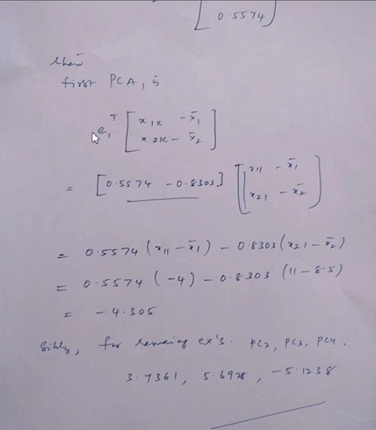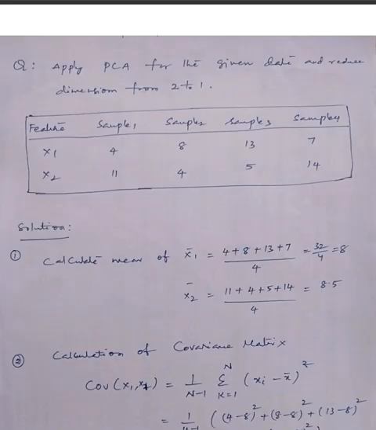The formula is E transpose into x1k minus x1 bar, x2k minus x2 bar. We already know x11, x12, x13, x14, x21, x22, x23, x24.